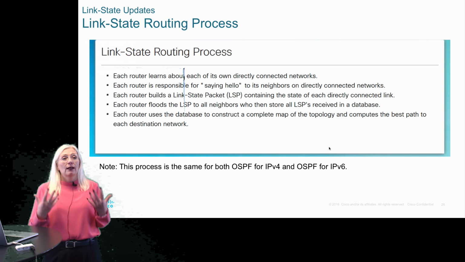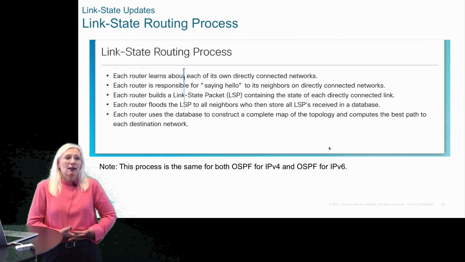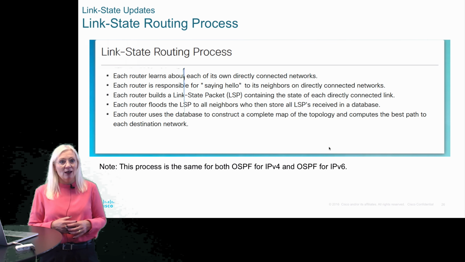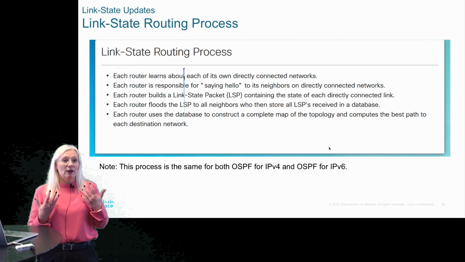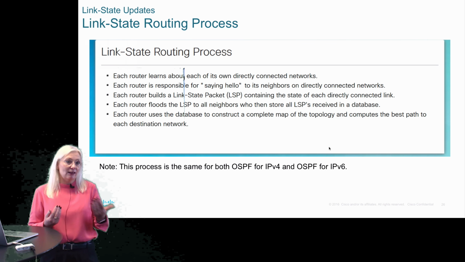In the link state routing process, the routers again know about their own directly connected networks, and then they start sending hello packets to their neighbors, the ones they are directly connected to. Then they send out link state packets telling about their networks.